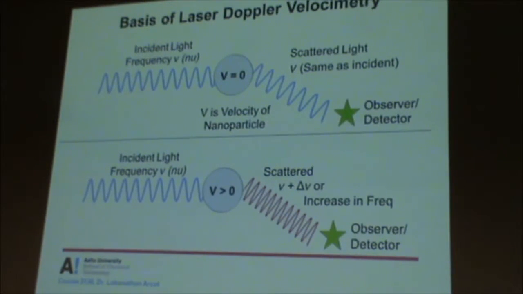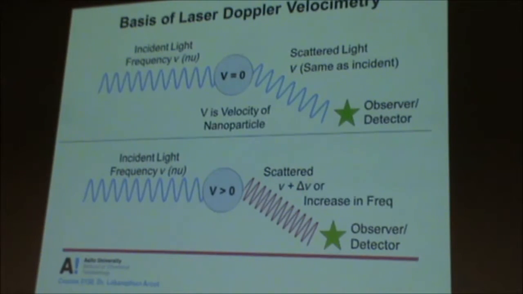But if the particle is moving with a velocity greater than zero, then, as you saw on the previous slide, the wave gets compressed for the observer, which means the frequency goes up. In the case where velocity is greater than zero, this V stands for velocity, and the italicized ν stands for frequency.